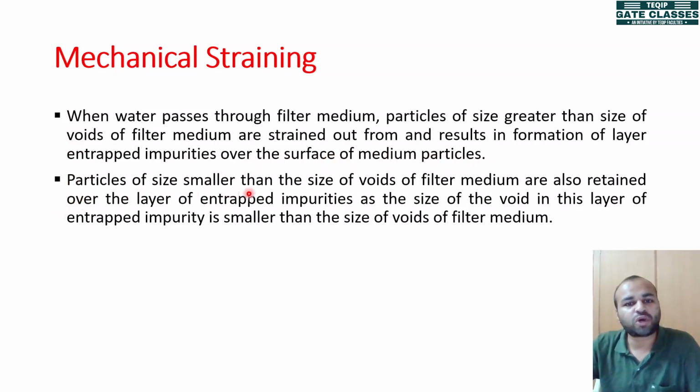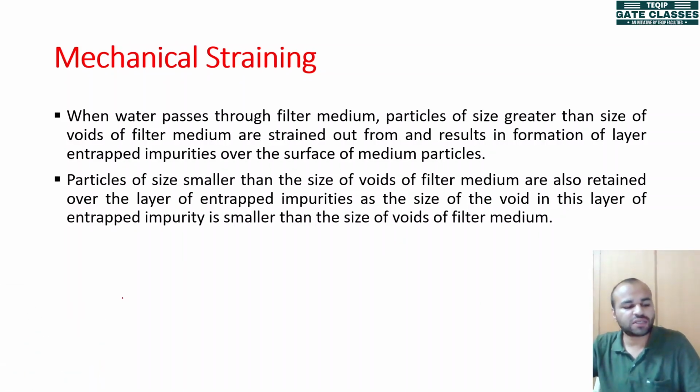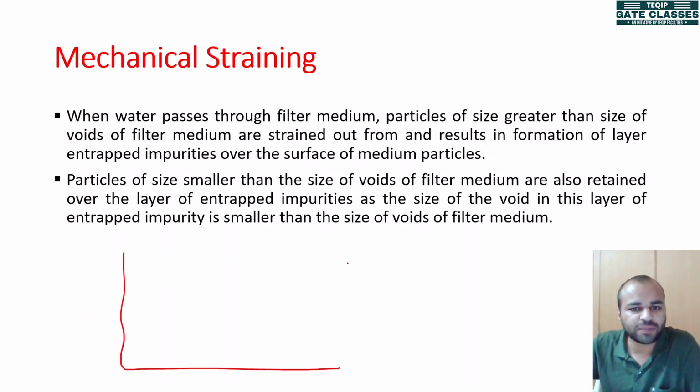Particles of size smaller than the size of voids of filter medium are also retained over the layer of entrapped impurities, as the size of the void in this layer of entrapped impurity is smaller than the size of voids of filter medium. So what we are trying to say here, again let me draw an example of a filter medium.